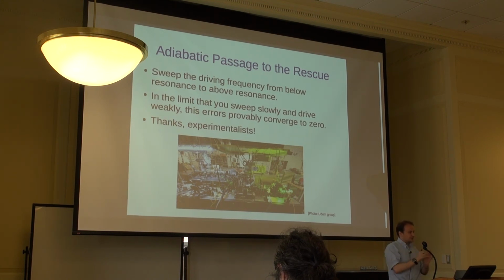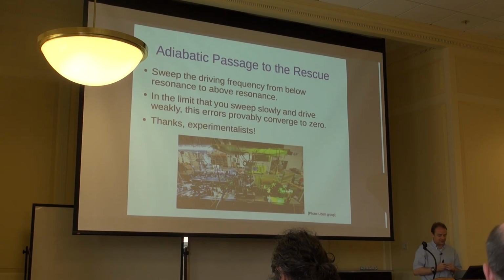The errors converge to 0, and you can really show this quantitatively just by driving more and more weakly and more slowly sweeping through the frequencies, without having to know the matrix element and the mass to more and more precision. Those precisions you just need to have at some fixed level.